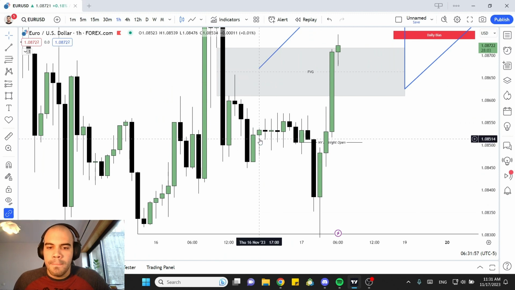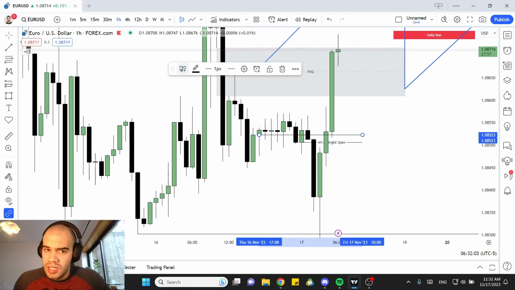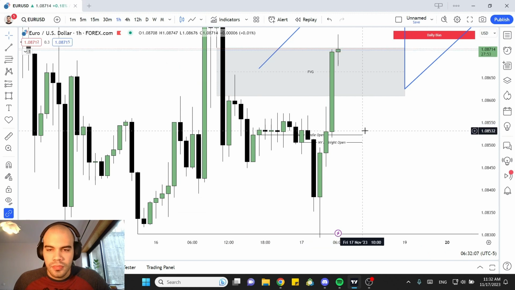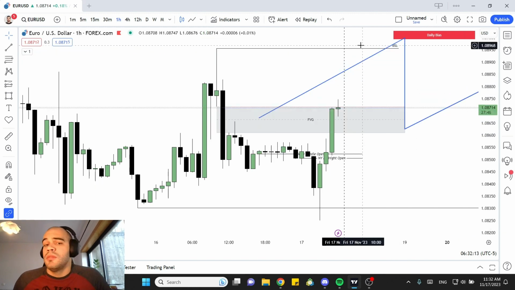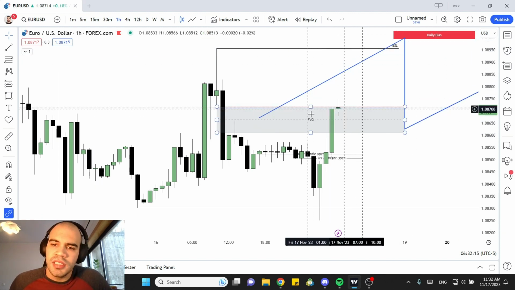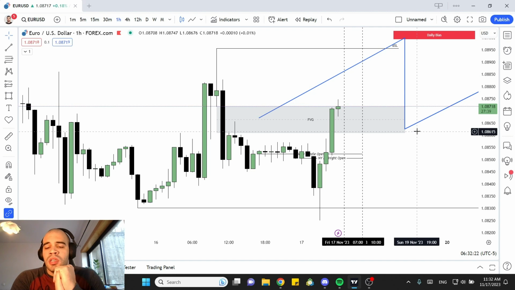Midnight open and daily candle open are pretty much the same. Any sell above it would be a good selling point. But as I told you, I would like to see this behavior today before trading, and it would have to be very clear.